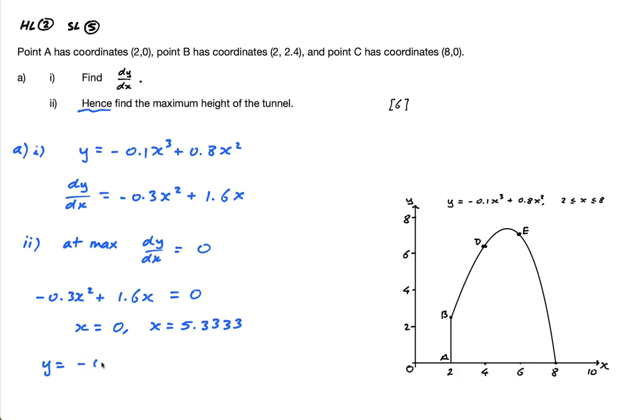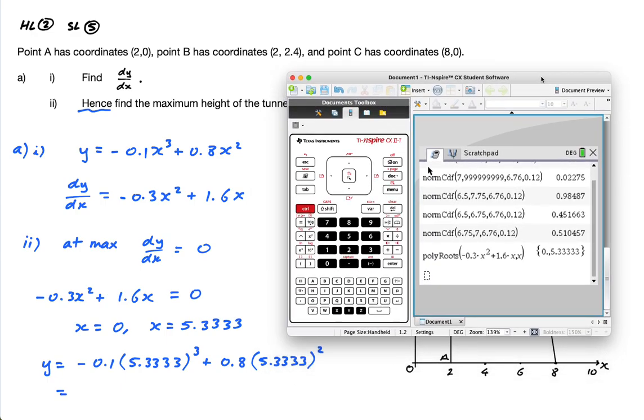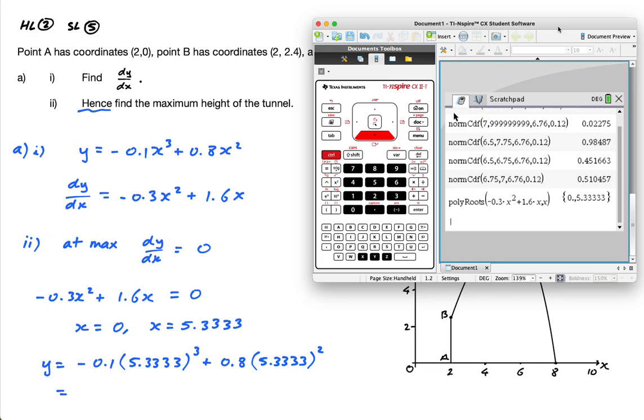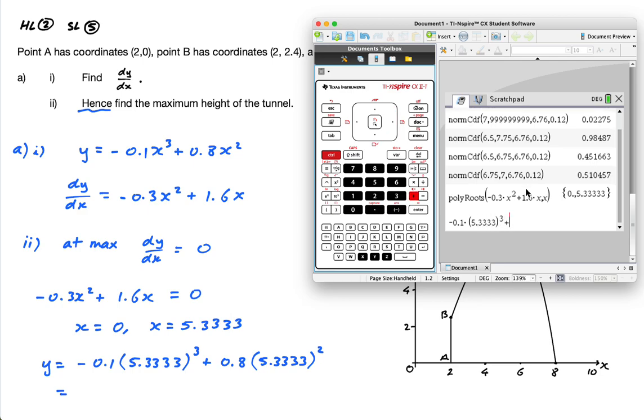So that gives me minus 0.1 times 5.3333 cubed plus 0.8 times 5.3333 squared.